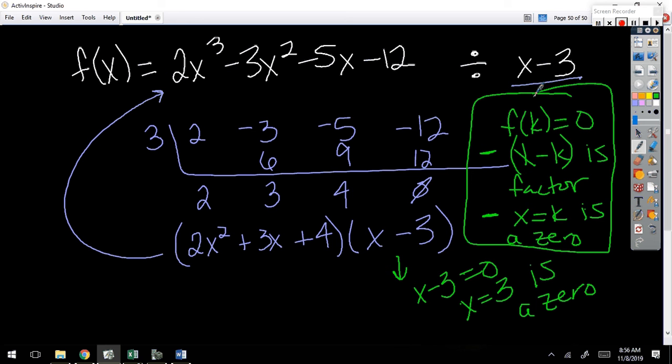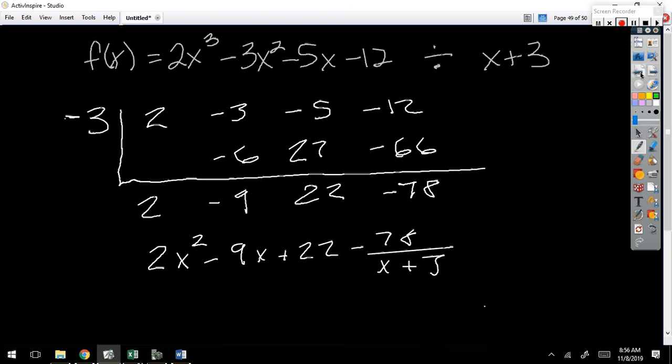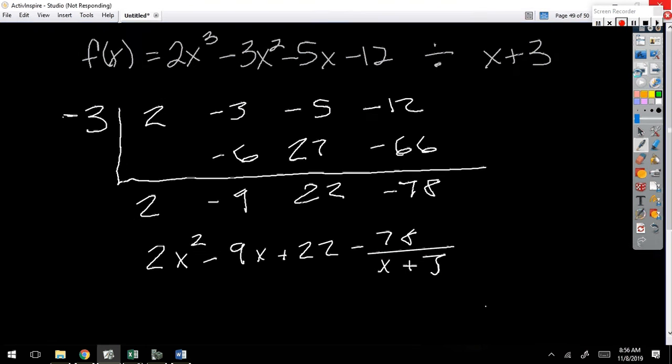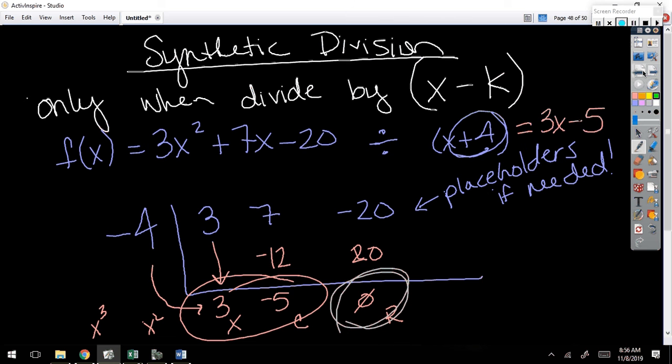All right, let me look back at these ones we just did. That one had a remainder. So we're really looking for ones that have no remainder, because those tell us the most.